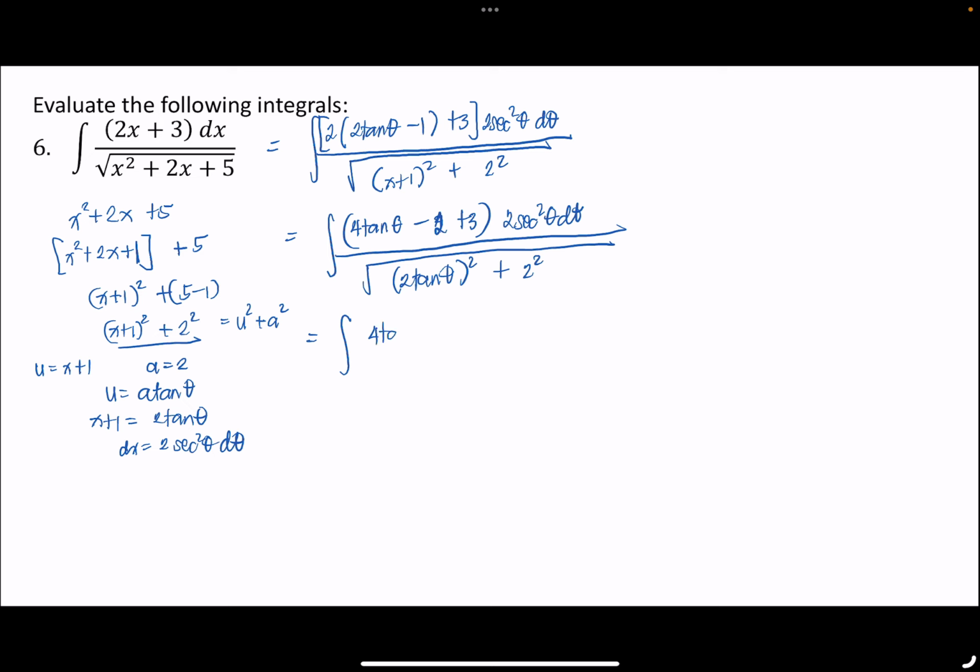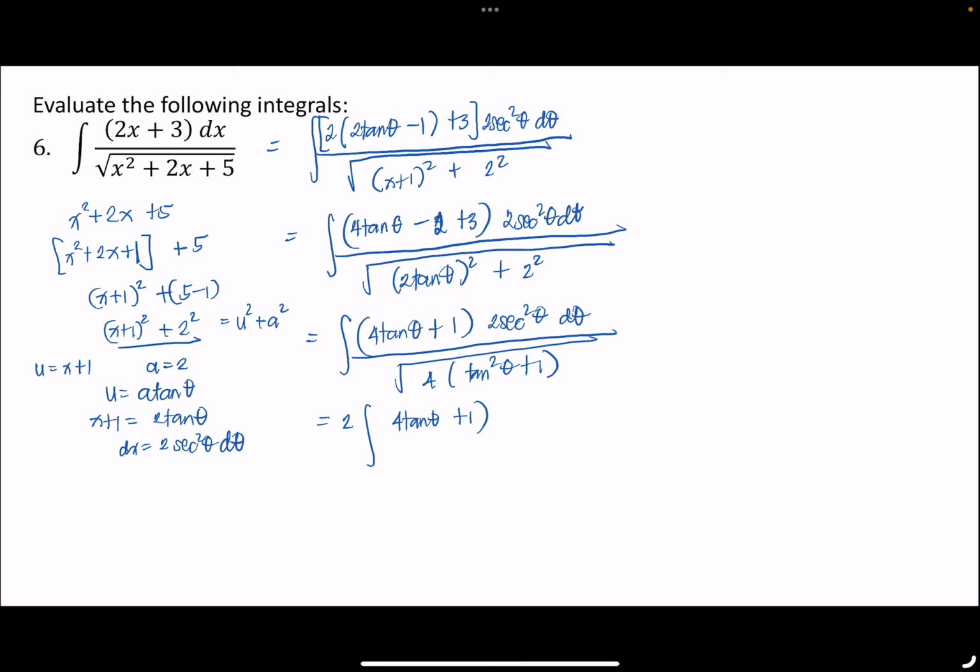So we have 4 tangent theta plus 1 times 2 secant squared theta d theta all over the square root of 4 times tangent squared theta plus 1. So we have 2 times 4 tangent theta plus 1 times secant squared theta d theta, since we have factored out that 2. The square root of 4 is 2, so we can cancel it with this one.